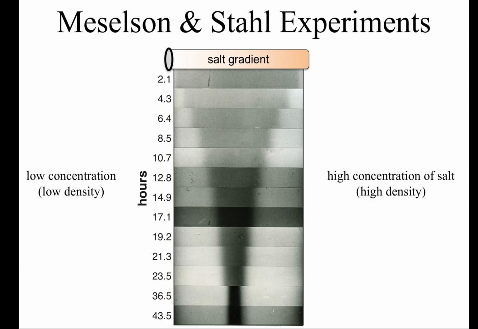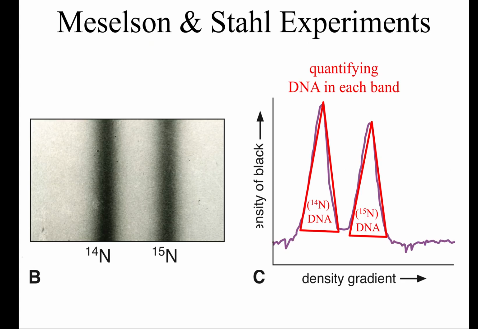And if the DNA weighs a different amount, it'll have different buoyancy in the salt gradient, and so you can separate DNA that is labeled with nitrogen 14 versus nitrogen 15. That's the idea. And then they could see the DNA in the centrifuge tube with ultraviolet light because DNA shines bright in ultraviolet light.